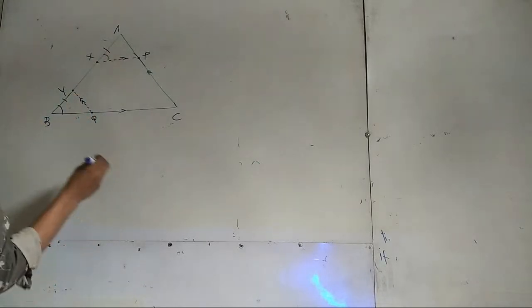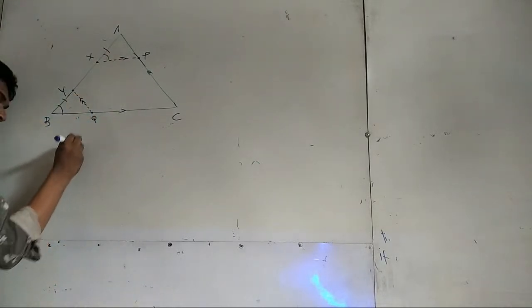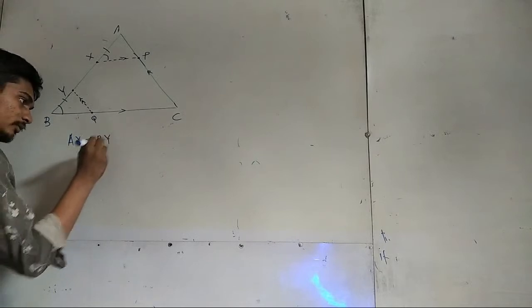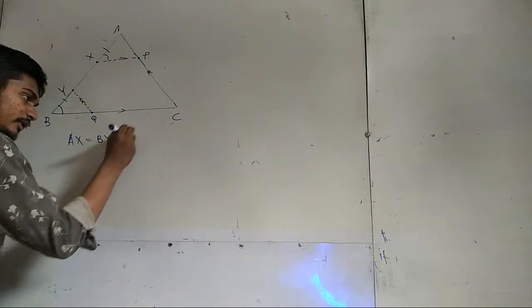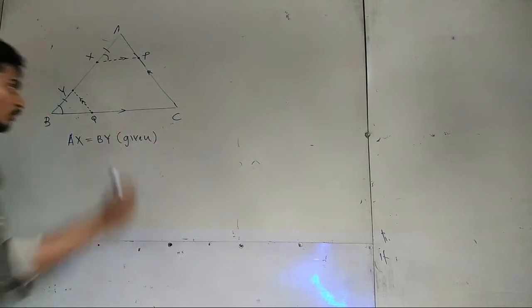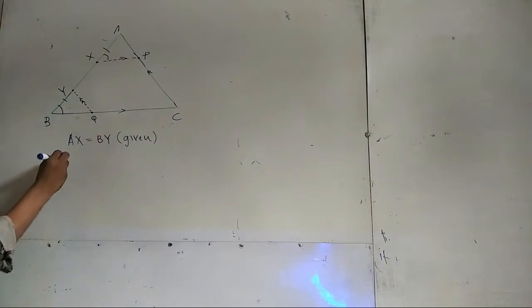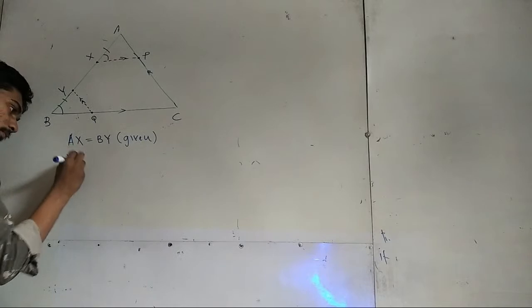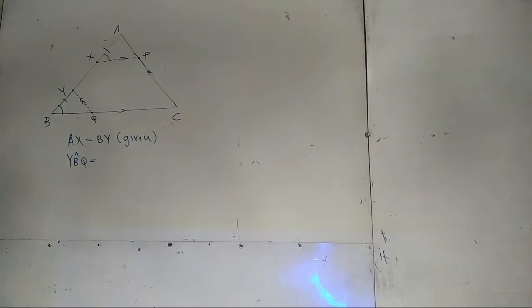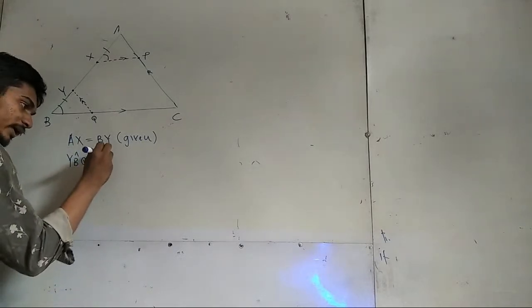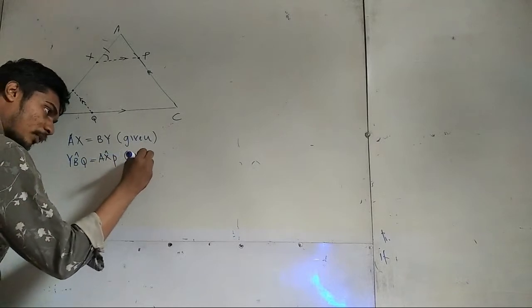This side is AX equal to BY, no? How do you know that? Given. Very good. What else? Angle YBQ equal to what? Angle AXP. Why is that? Corresponding angles.